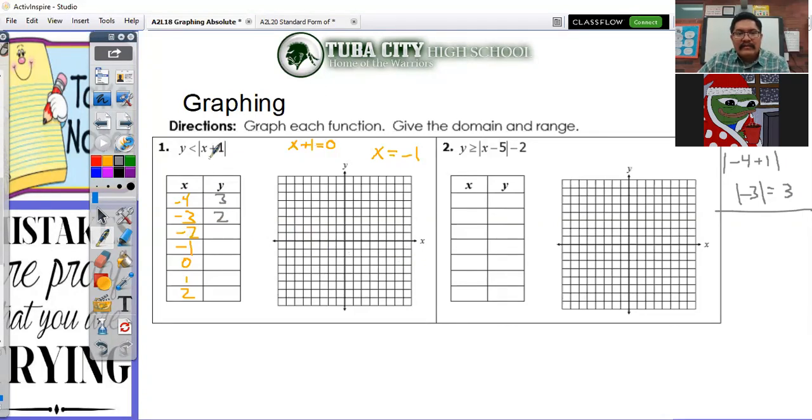Let's plug in -2. -2 plus 1 is -1, but we have -1 in the absolute value, so we turn it positive. And -1 plus 1 would be 0.